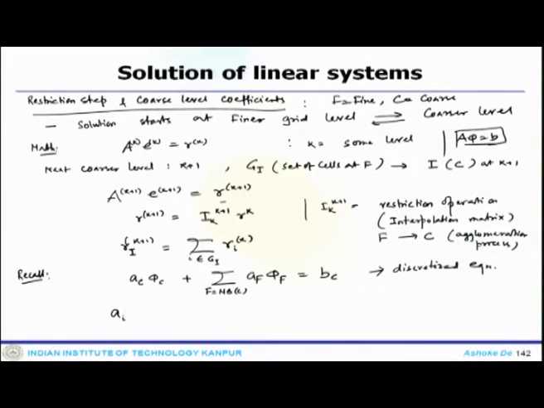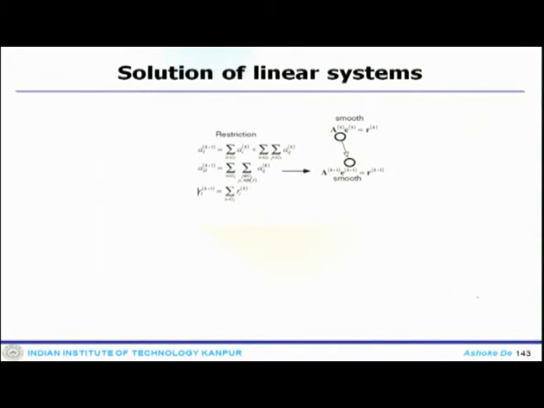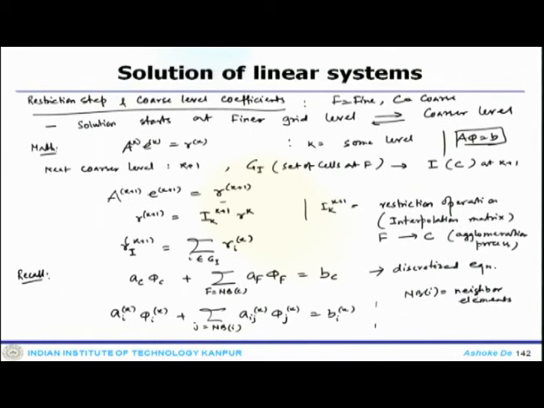One can write A_I^k phi_I^k plus the summation over j in NBI of A_Ij^k phi_j^k equals b_I^k, and here NBI refers to the neighbor elements. Then the residual can be computed.